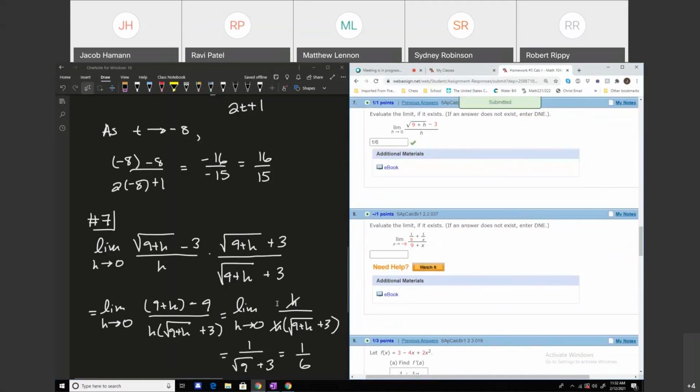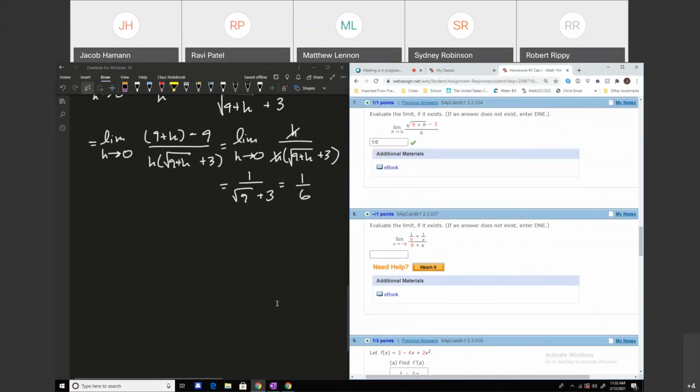All right. Let's look at number 8 as well. And then from there, we move on to the derivative. So limit as x approaches minus 9 of 1 over 9 plus 1 over x, all over 9 plus x.